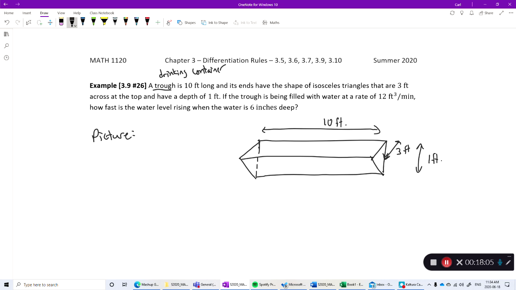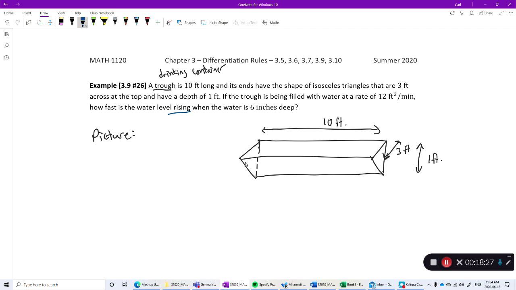Okay, pretty wide and shallow. I'm not sure if that's realistic, but that's what we have. If the trough is being filled with water at a rate of 12 cubic feet per minute, how fast is the water level rising?